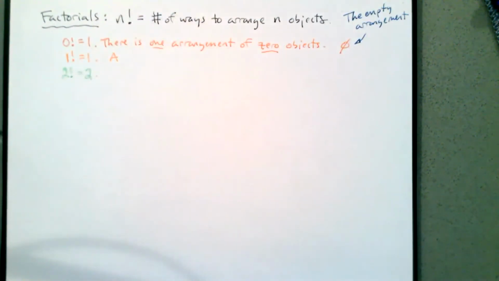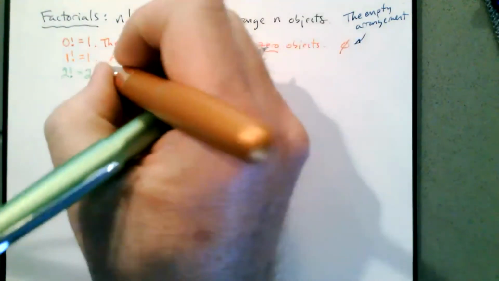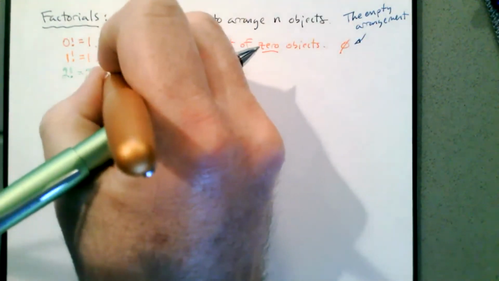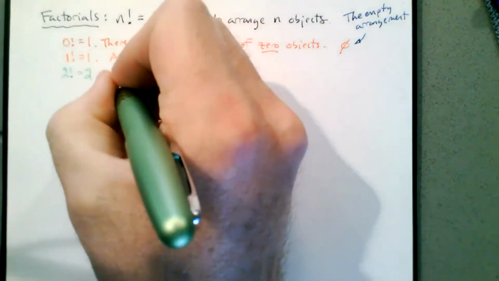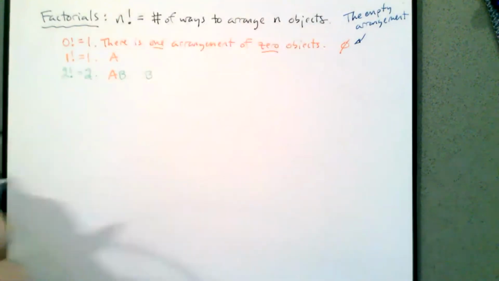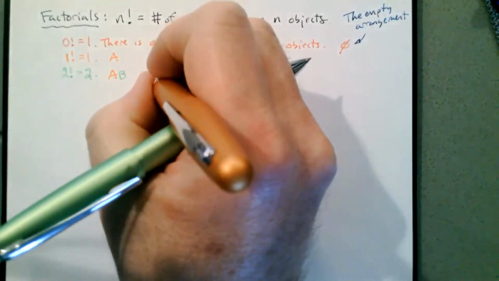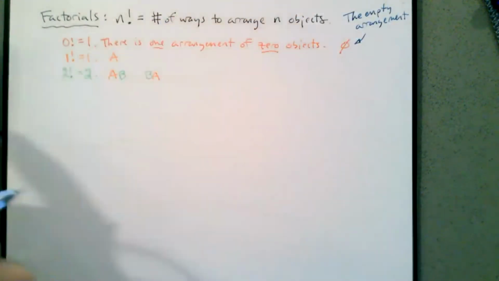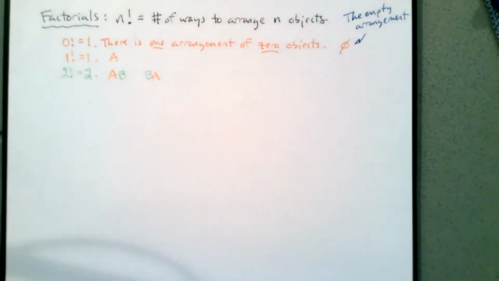There are 2 arrangements of 2 objects. I can have A, B, or I can have B, A.